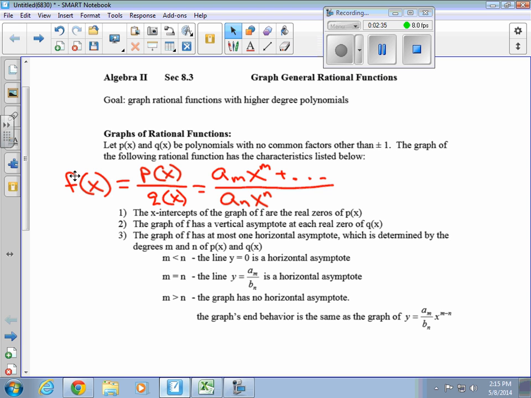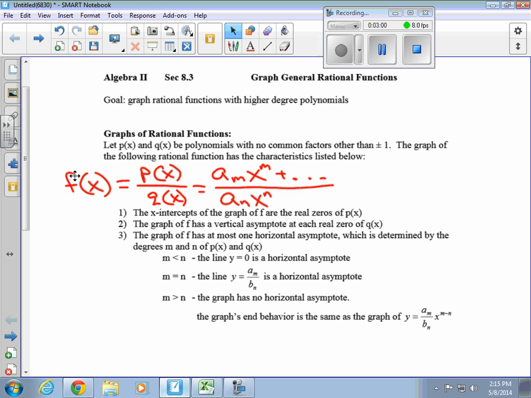We're going to set the denominator equal to 0 and then do what with that equation? Solve it, right? Set it equal to 0, solve it. The answers that you get will be your vertical asymptotes. So the numerator will give us our x-intercepts. The denominator, if we set it equal to 0, will give us our vertical asymptotes. Those are the two things, steps 1 and 2.